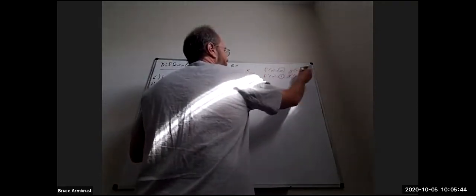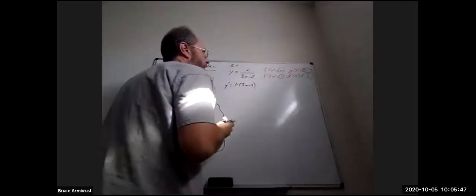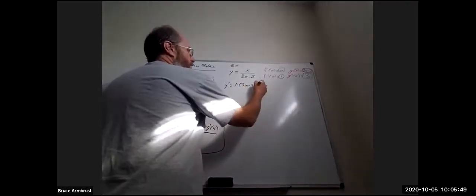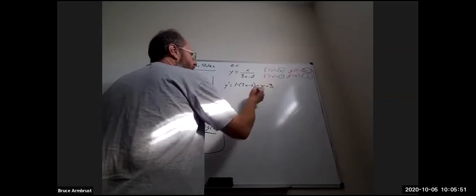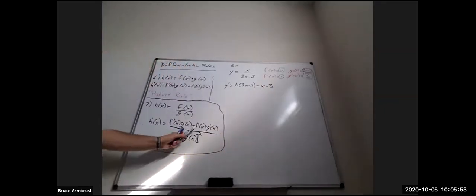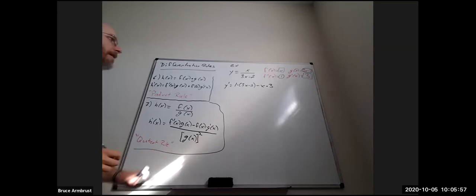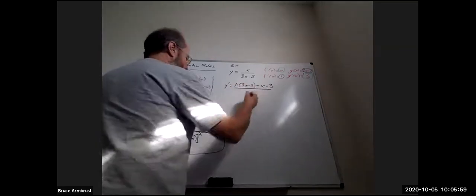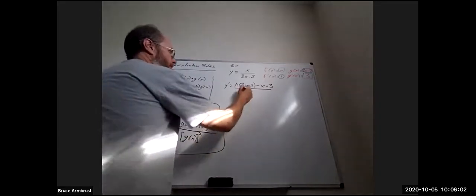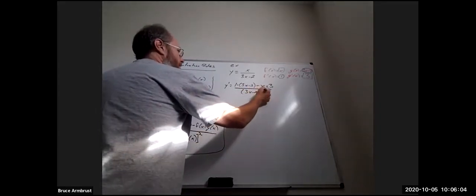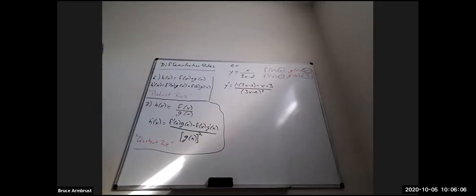So f was the top, g prime, that's the derivative of the bottom. So we're going to get minus x times 3. So that's those pieces. And then we divide by the bottom squared. So that's going to give us a 3x minus 2 squared.